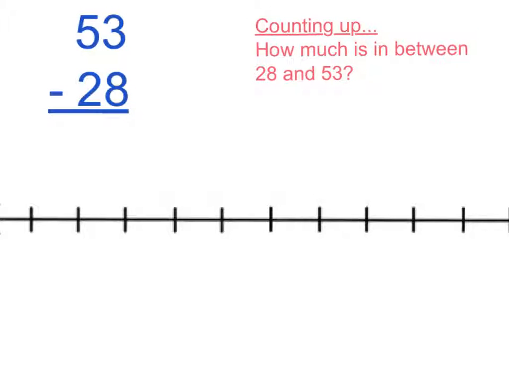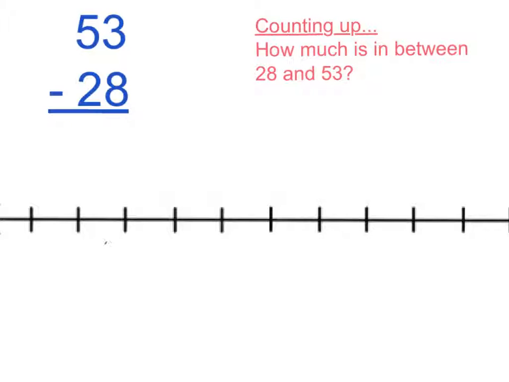Alright, here is the last method using this same question, 53 minus 28. And in this method, we're going to ask ourselves the question, how much is in between 28 and 53? In other words, we're going to count up from 28 to 53 on a number line. So I'm going to label my number line by tens.